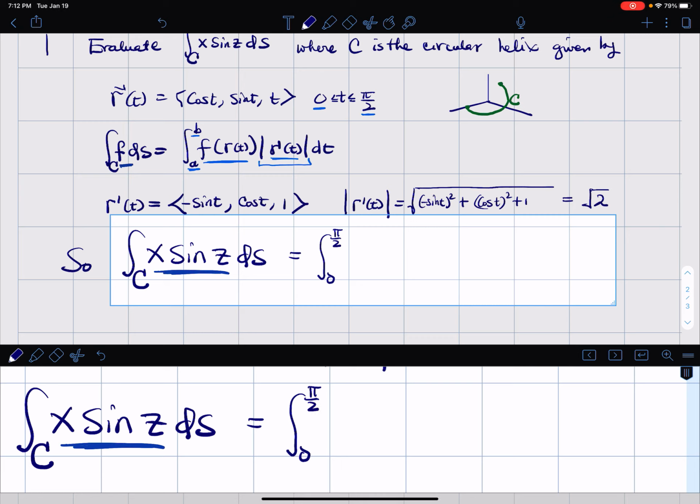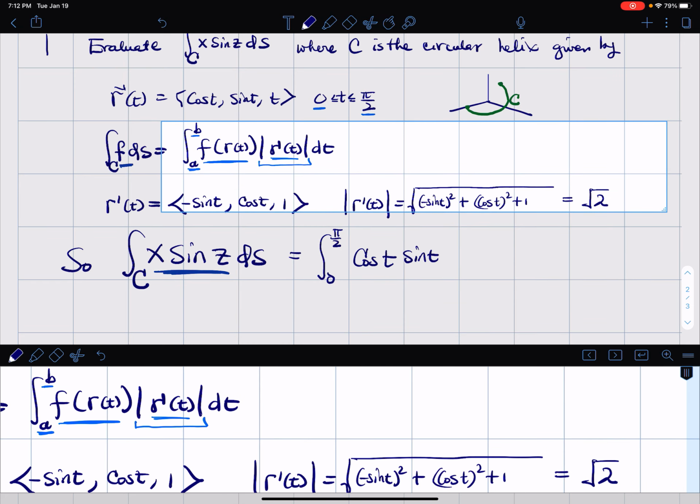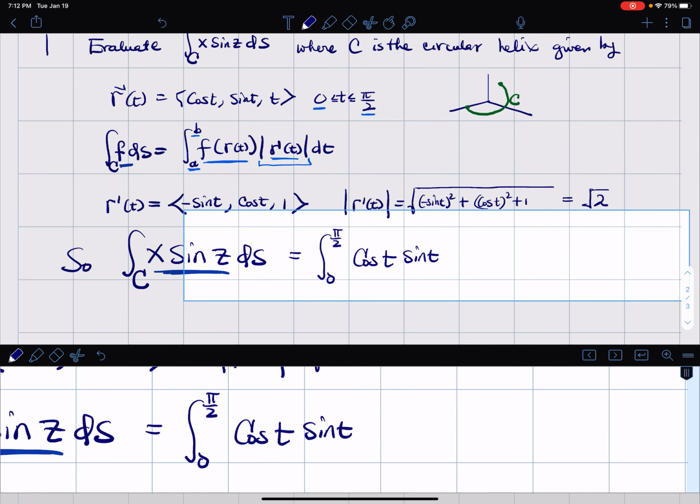F of r of t is to substitute r of t into x sine z. What is x? x is cosine t. And what is z? z is t. So sine z is sine t, right? And now what is ds? ds is the magnitude of r prime of t dt. So the magnitude of r prime of t is square root of 2 and then dt.